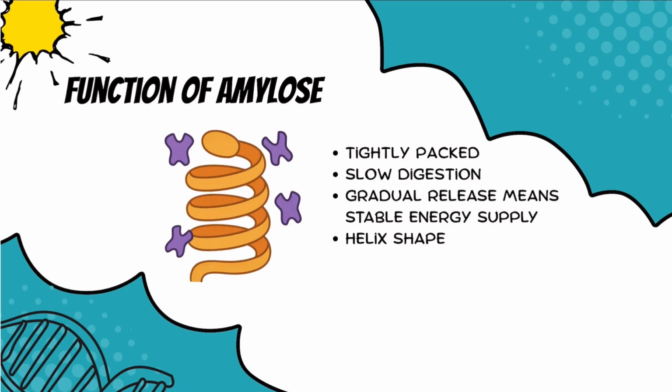This slow breakdown keeps blood sugar levels stable and promotes the feeling of fullness. So, amylose helps with both long-term energy storage in plants and slow digestion in humans.